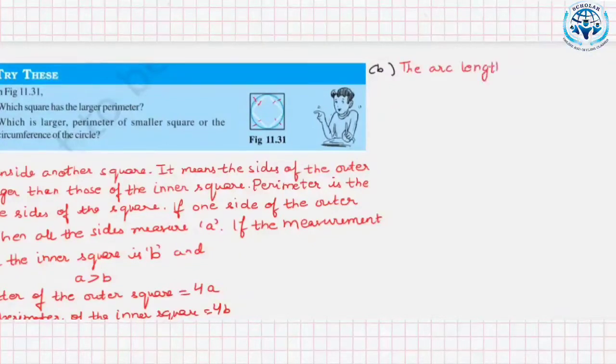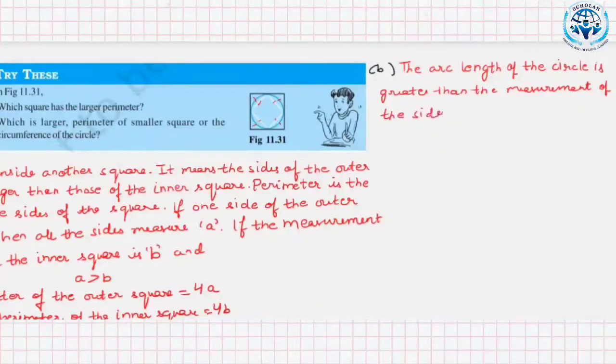You can easily see that the arc of the circle is larger as compared to the side of the square. Moreover, the square is inside the circle. That means the circle is accommodating the square. That means the circle is obviously larger than the square. So the circumference of the circle is larger than the perimeter of the smaller square.